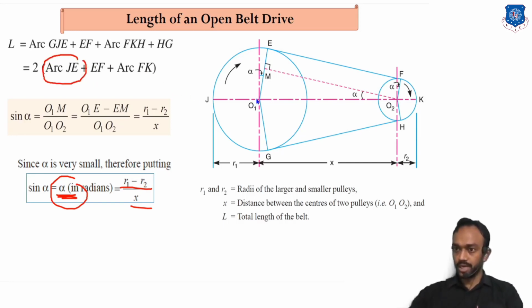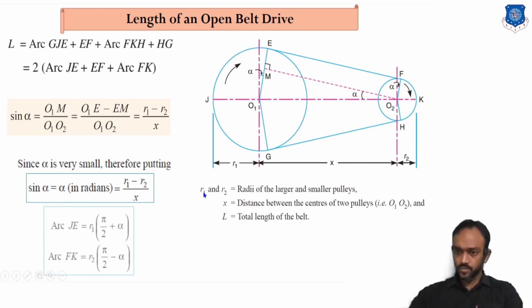You already know that this arc J is equal to angle alpha into radius. Radius is R1. Okay, so the formula will be simple, R1 into this angle, and the same will be here for the arc FK.